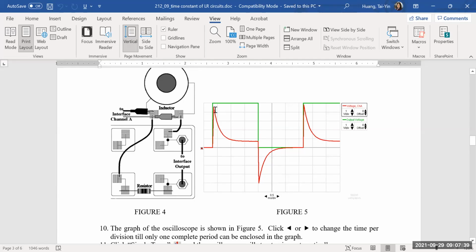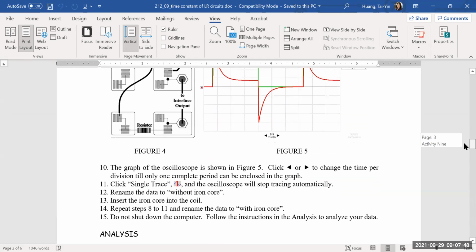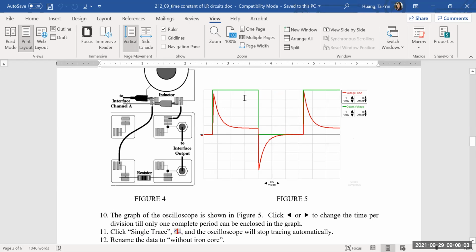Once you have generated the plot on the oscilloscope, you can change the arrows here to increase or decrease the divisions, so that you only have one or two patterns on your oscilloscope.